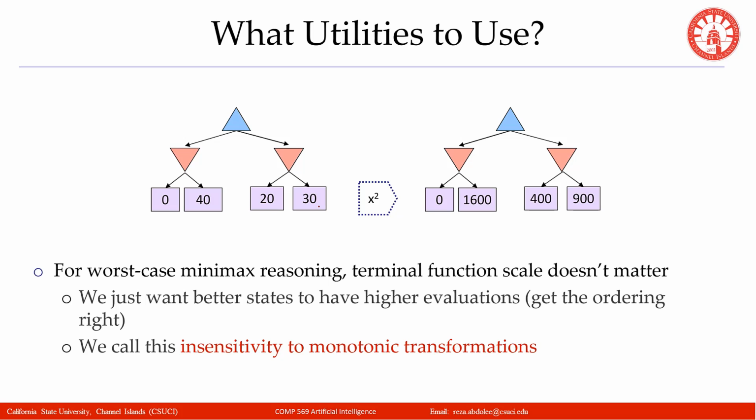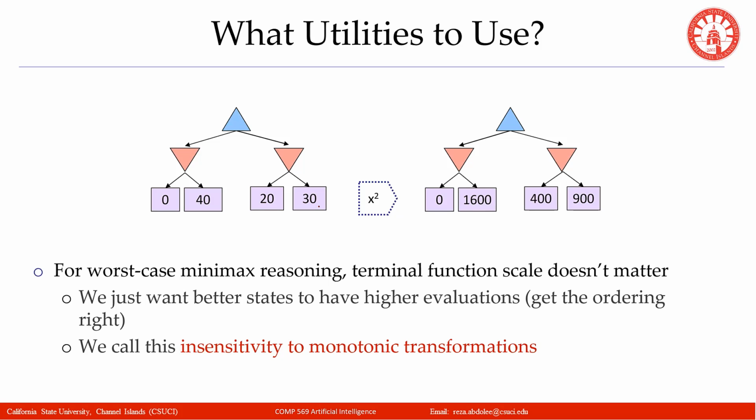Before answering these questions, let's take a look at utilities for the two different search algorithms that we learned so far. One is minimax and the other one is expectimax. First, we want to know how utilities are going to impact our final decision, and whether for minimax or expectimax the result is going to be catastrophic in making the final decision.